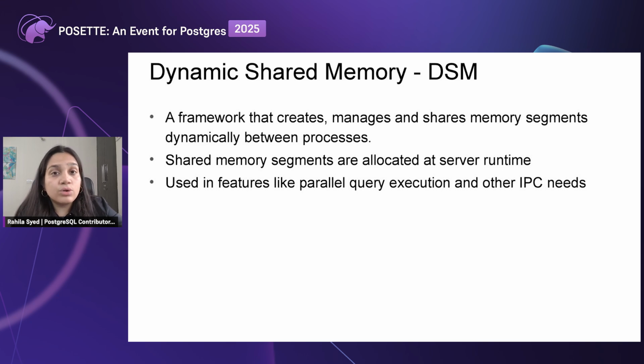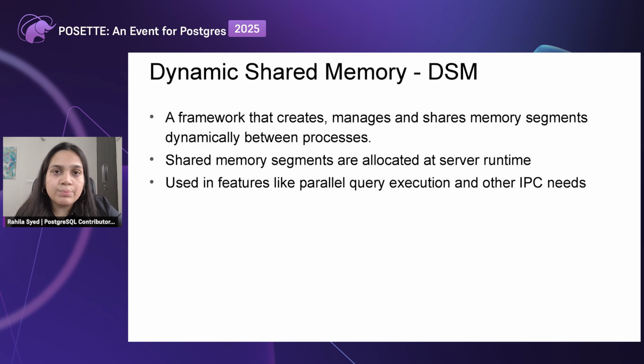Let's look at the components used in designing such a monitoring function. The first component is dynamic shared memory, which is DSM. Since I mentioned that a backend can create any number of memory contexts, we need a memory that can expand.